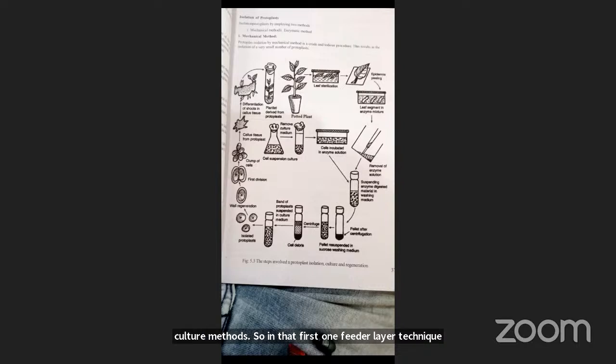This feeder layer consists of non-dividing living protoplasts. In the feeder layer technique, protoplasts are taken onto the agar medium, and the isolated protoplasts are plated in a thin layer of liquid medium.